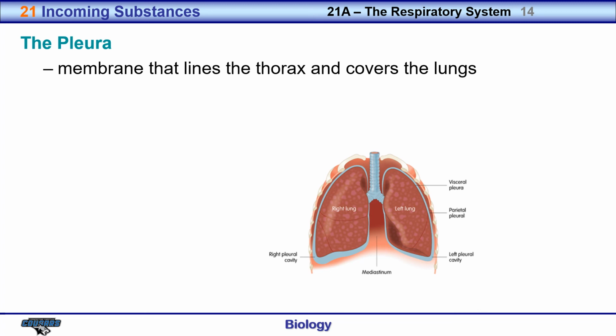And so if something happens to inflame those membranes, the pleura, you can experience something called pleurisy. It's very painful as you inhale and exhale, but it's because these membranes have become inflamed for some reason, maybe due to an infection or something like that.